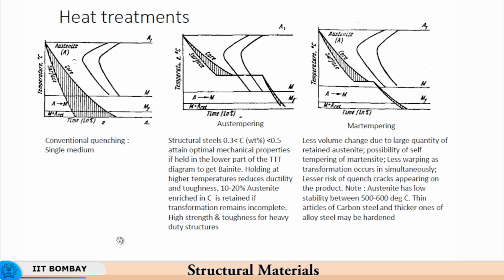It will get very rapidly hardened because austenite has very low stability and a propensity to get transformed to martensite. Thicker alloy steel structures can also be hardened to martensite, and by virtue of the heat content inside, that martensite formed can be self tempered.